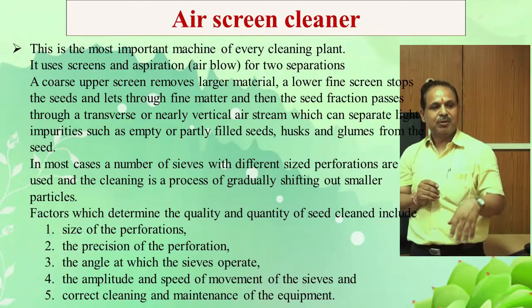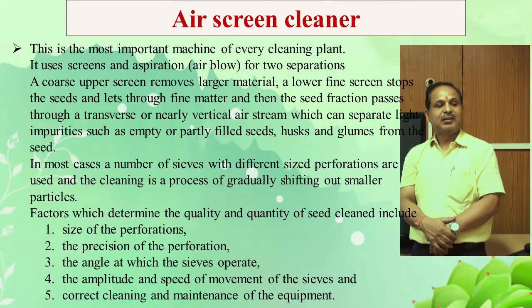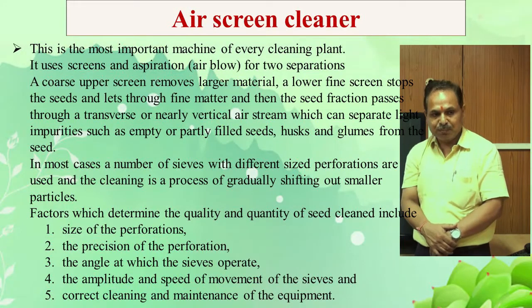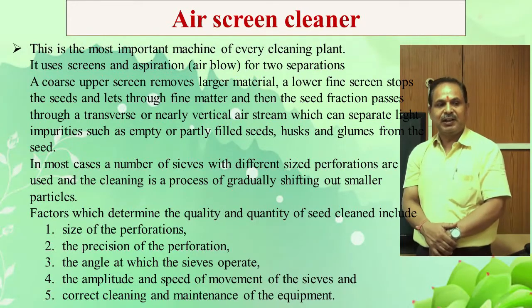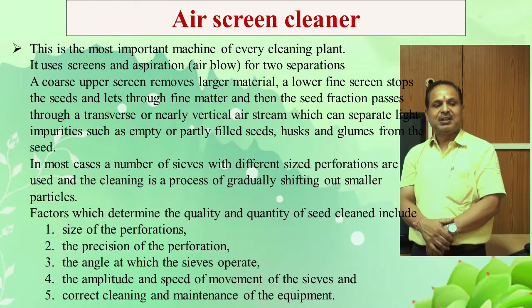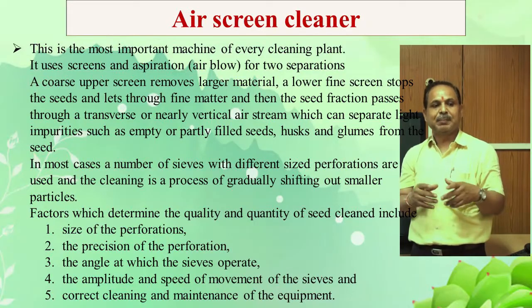We are talking about the different equipment cleaners that are available. The first one is the air screen cleaner. It is the most important machine. It must be at every cleaning plant. It uses screen and aspiration. The aspiration means the blowing of air for separations.